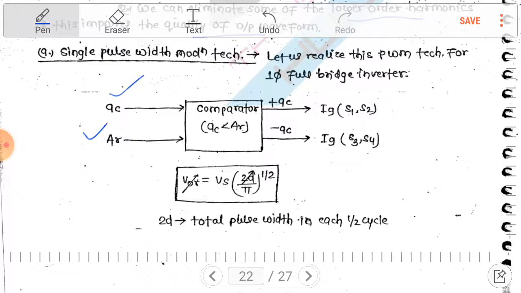Here the concept is when the carrier magnitude is greater than the reference, we switch on switches S1 and S2, and when the carrier is less than the reference, S3 and S4 are switched on. Output RMS can be found using the formula Vs (2D/pi)^(1/2), where 2D is the width of the pulse in each half cycle.